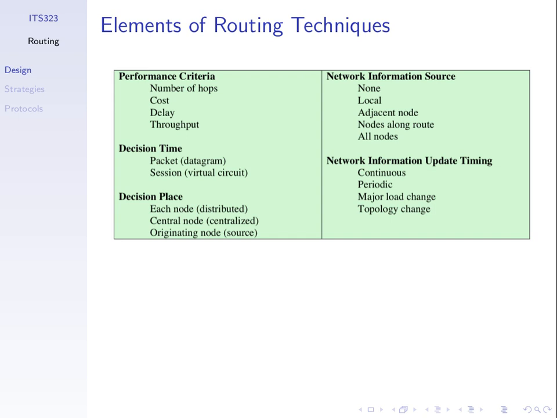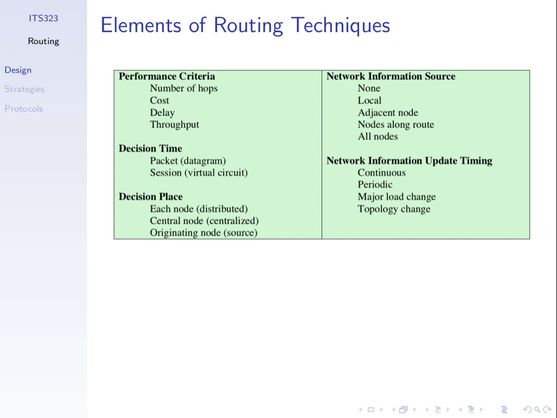So that would include node 1 has links to 3, 2 and 4. So let's record what node 1 knows. It knows there's a link from 1 to 2, and it should know about the cost of that link.